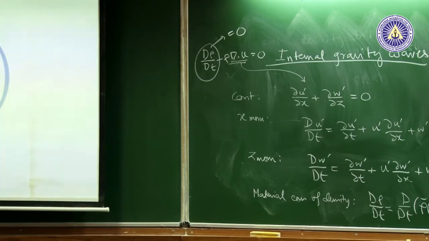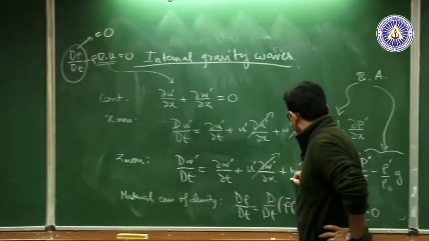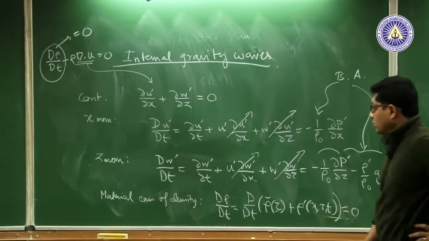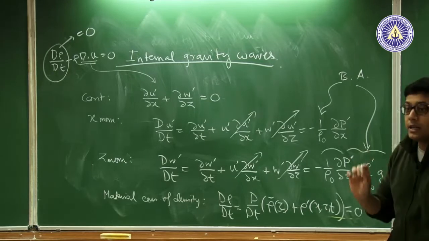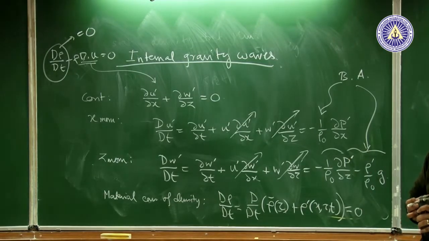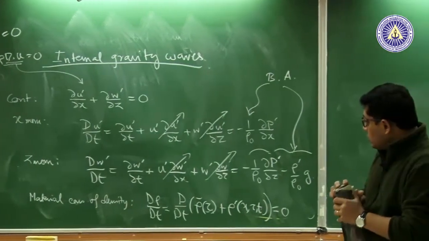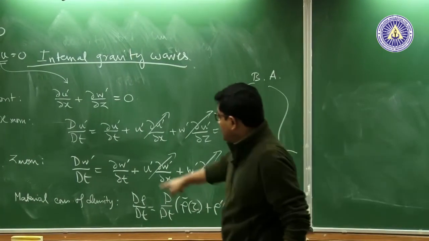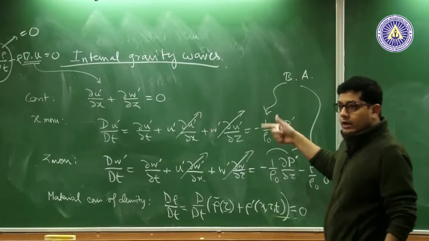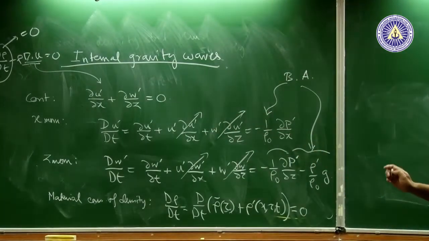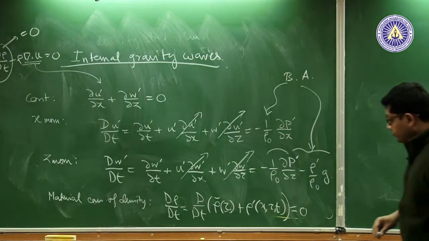We are not interested in anything that is non-linear, so we will throw away any term which has non-linearity. These terms are all gone. No non-linearity. We are interested in linear waves, small amplitude waves. So, if this is order epsilon, this has to be order epsilon squared, and we are interested in linear waves up to order epsilon.